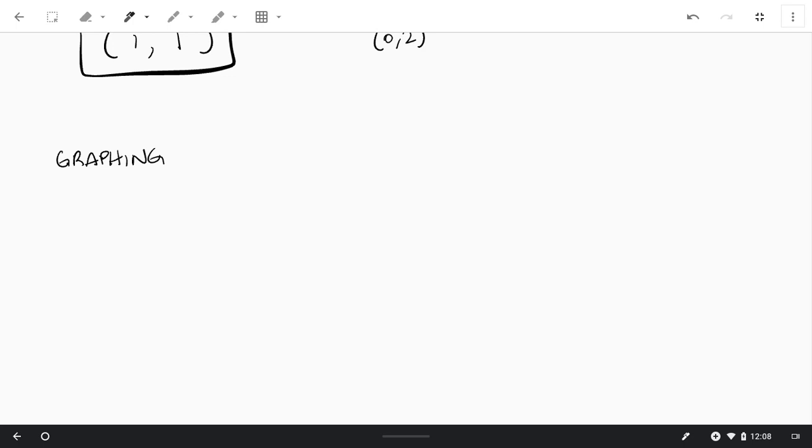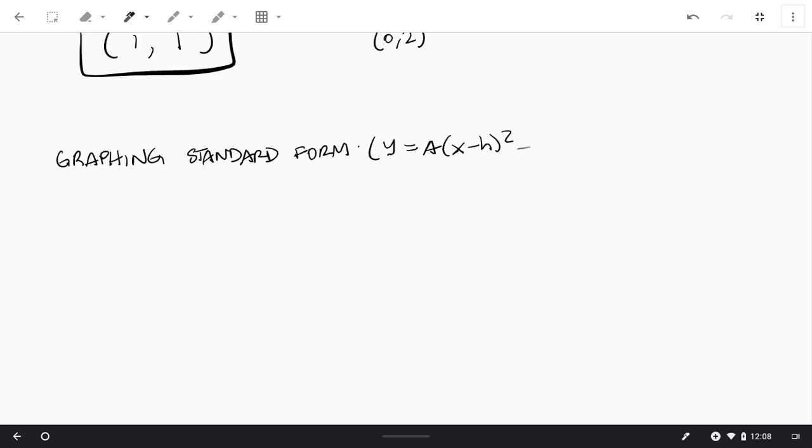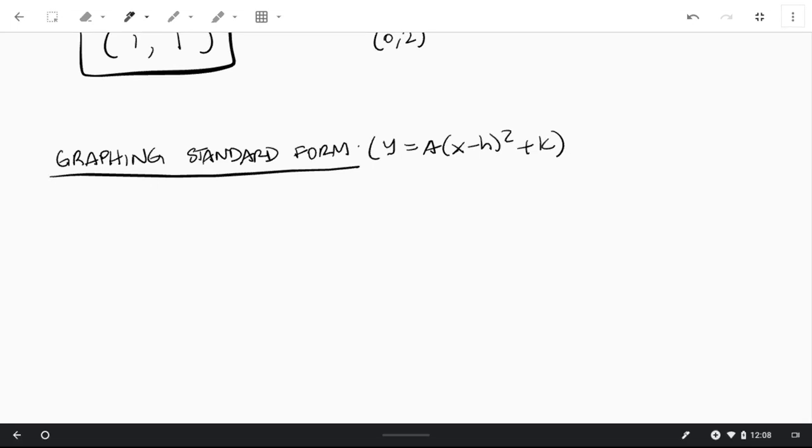So, graphing standard form, which looks like this: y equals a(x minus h) squared plus k. Let's take a look at that one. This one is a little bit easier because you don't have to calculate the vertex. It's pretty much embedded in the actual equation.